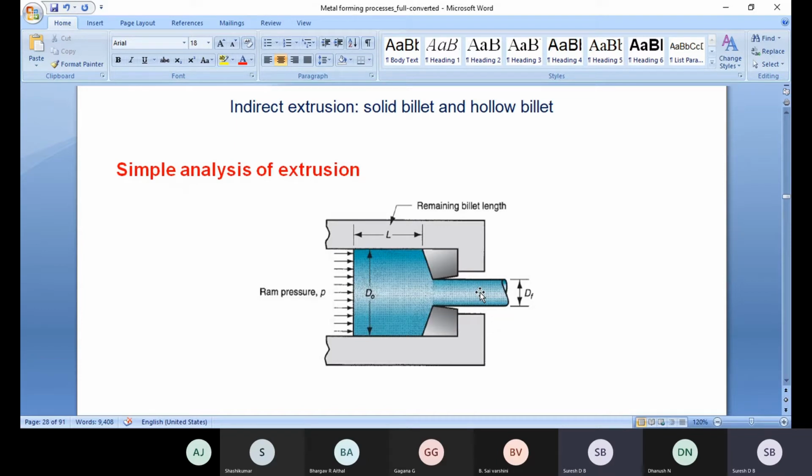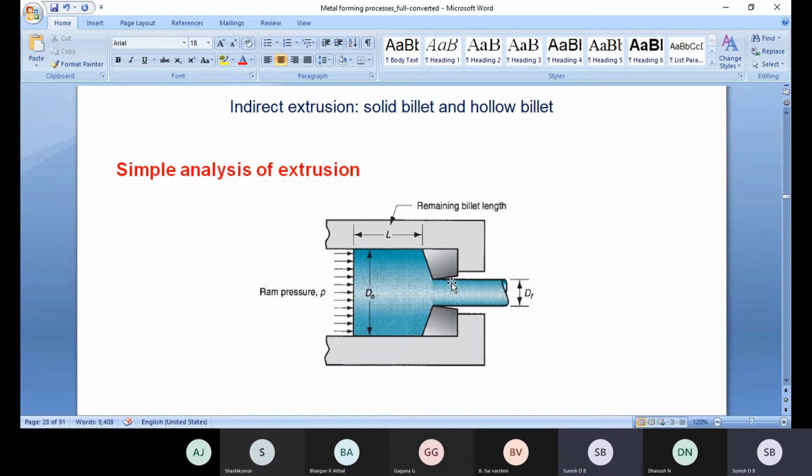At that time the material as well as the dies are in contact with each other, and some sliding action takes place between the die and the finished or extruded component. Then some cracks and holes are created on the top surface of the extruded component.